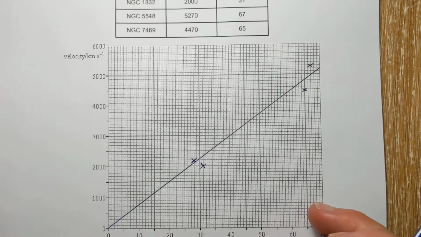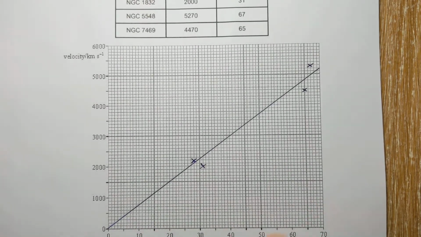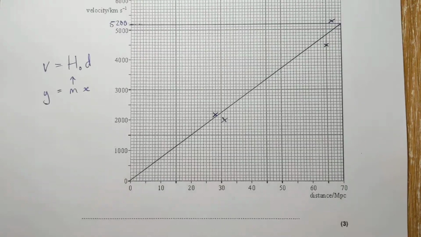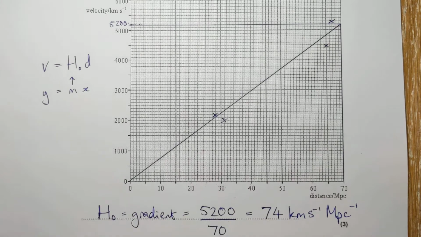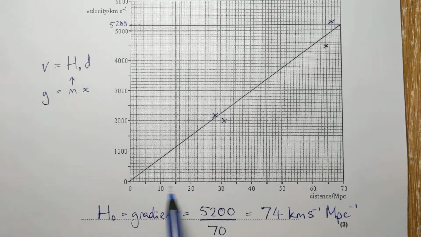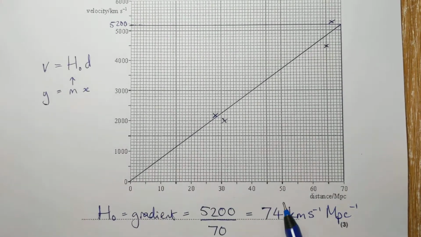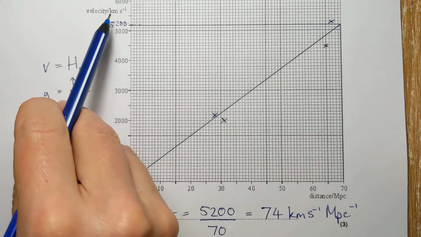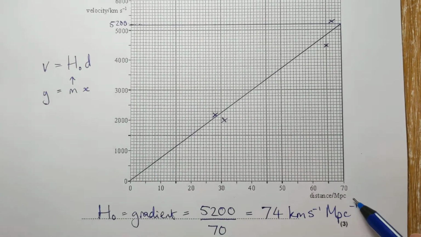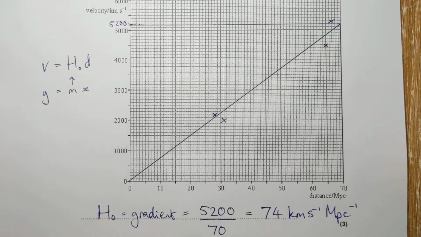That's what the data really looks like, and so the mark scheme specifies that you have to make sure your line goes through the origin. And so the gradient is going to be the Hubble constant, and to 2 sig fig, because this was to 2 sig fig, we get 74 kilometers per second per megaparsec. No need to change the units.